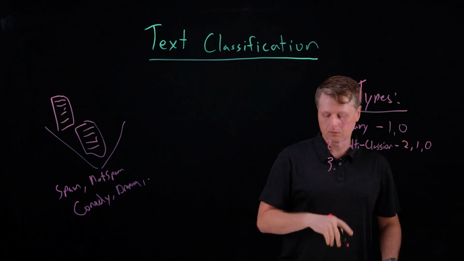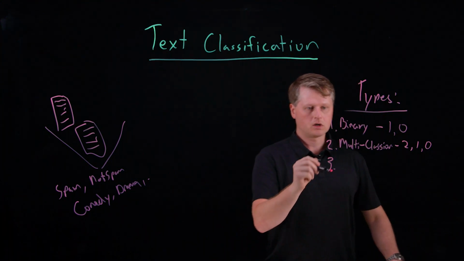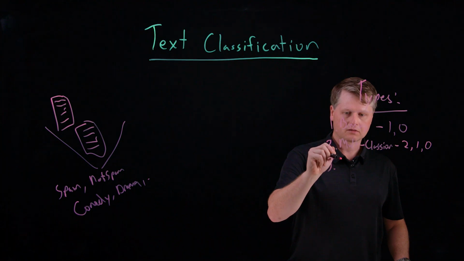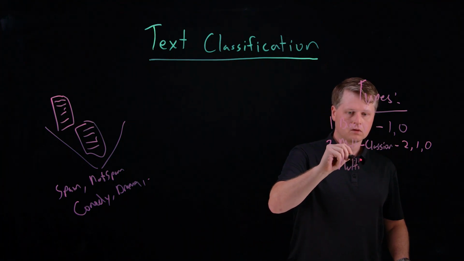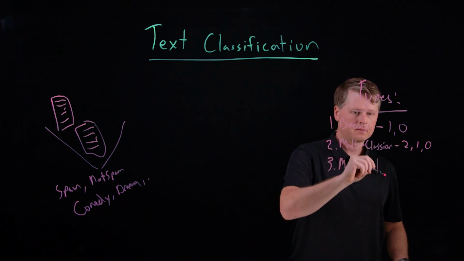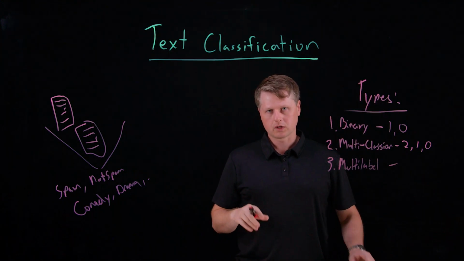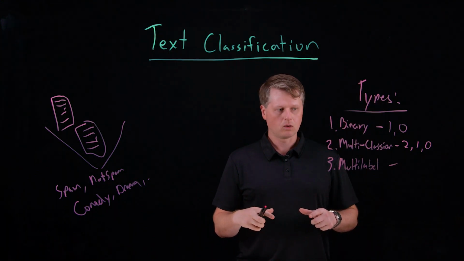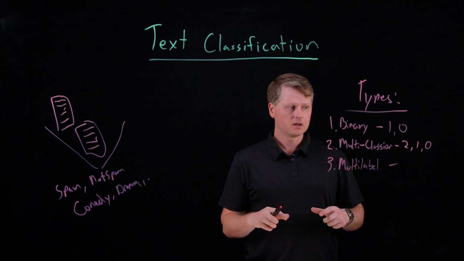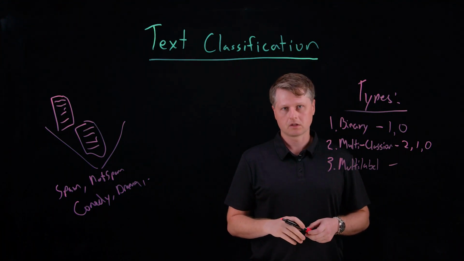The third, and the most complex, is what's called multi-label classification. And this kind is the most complex because you can assign a specific email or a specific type of text multiple classifications.